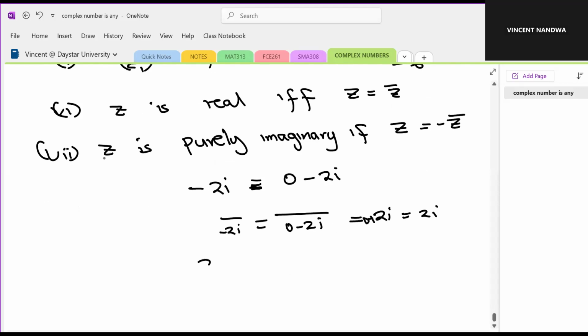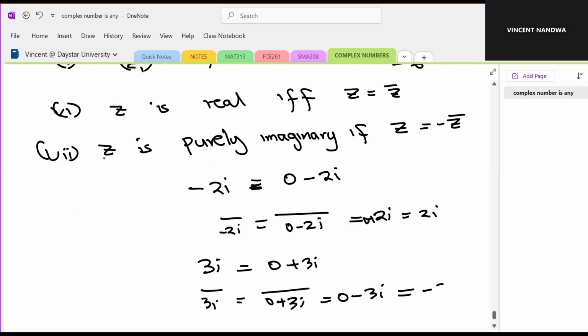And if I have, say, 3i, which can be written as 0 plus 3i, then the conjugate of 3i is the conjugate of 0 plus 3i, which will be 0 minus 3i, which is minus 3i. So the original number is 3i, its conjugate is minus 3i, so if Z is 3i, then when you negate the conjugate of Z, you get the same as 3i.